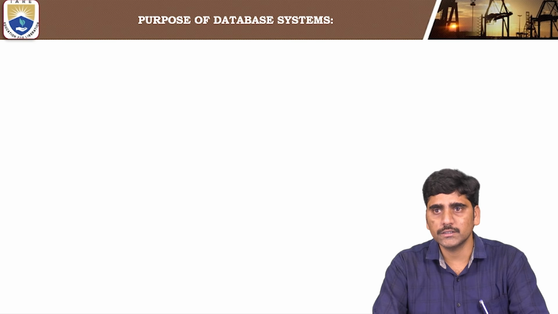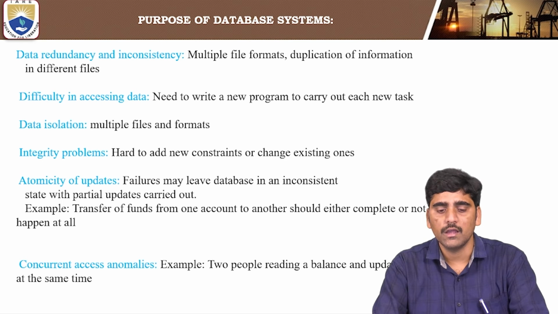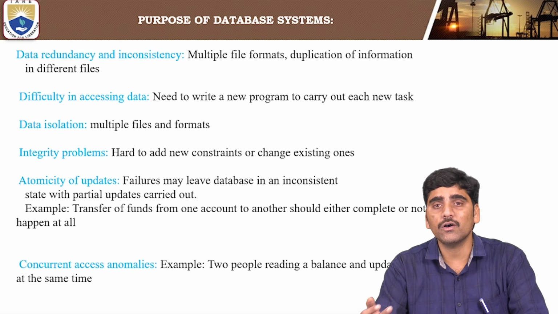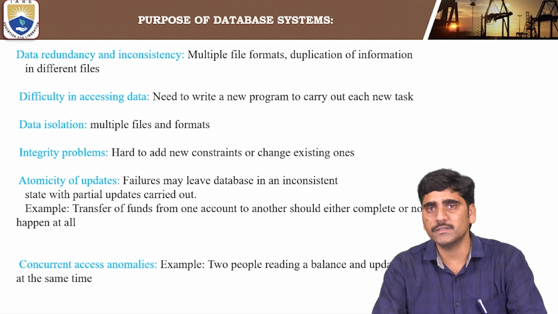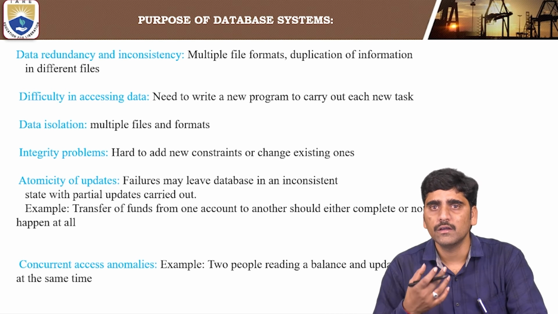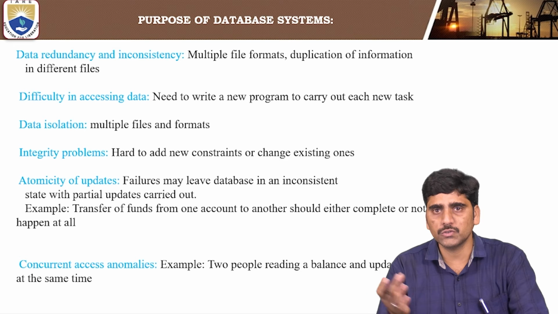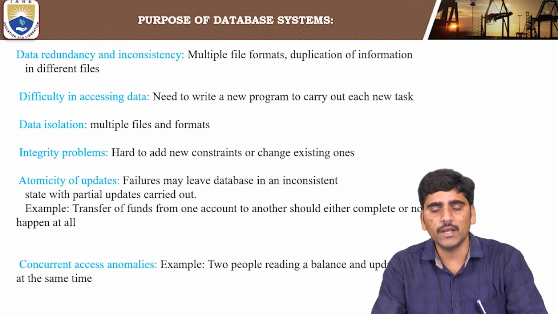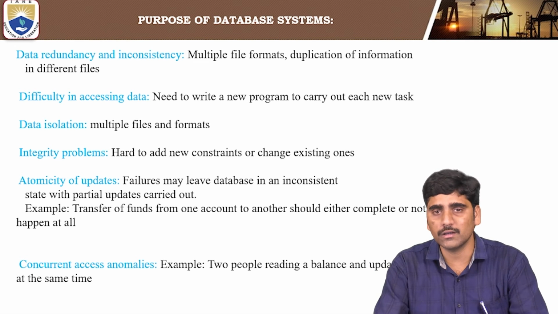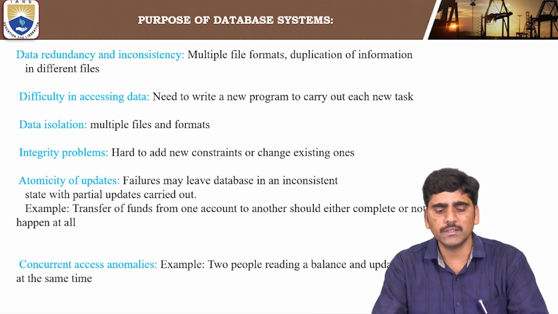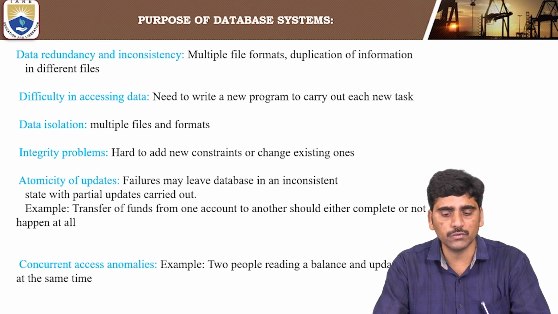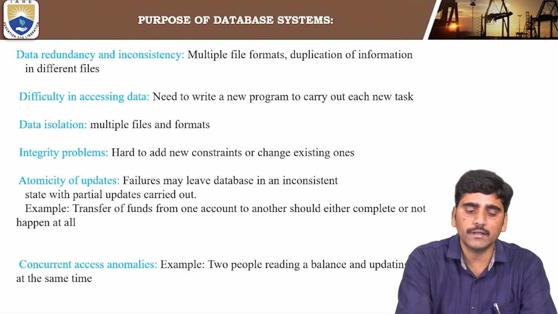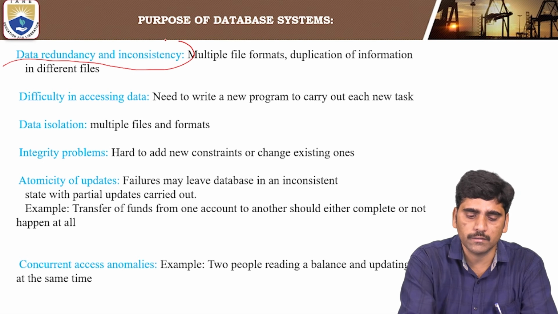Right. And next, the main important question: what is the purpose of database systems? Why are we going to use database systems to store all the values for all the different applications? We have different types of scenarios, namely data redundancy and inconsistency.